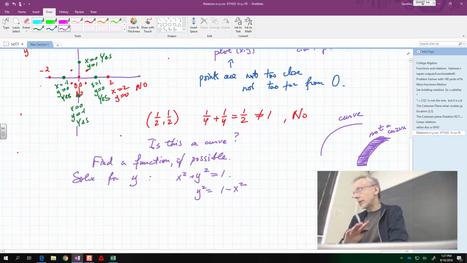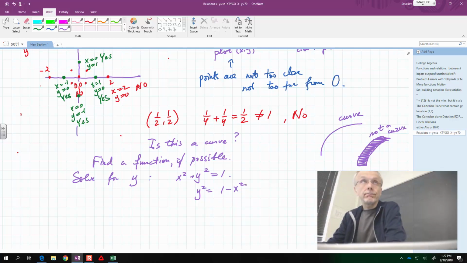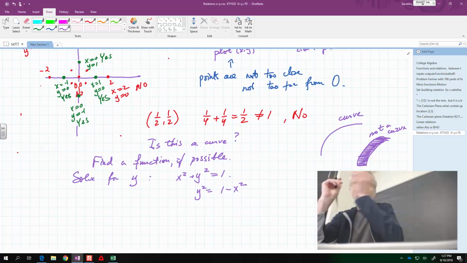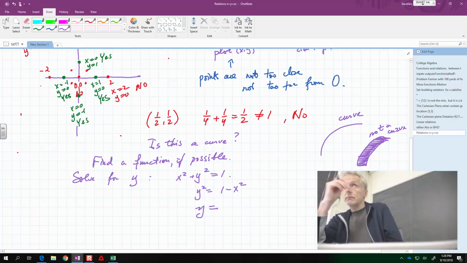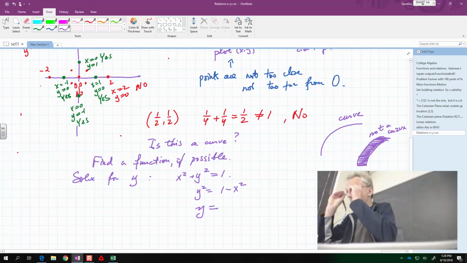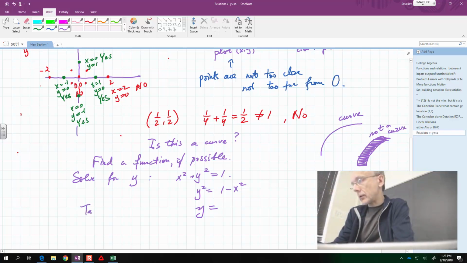All y's on the left, and nothing else is on the left, only y's. All the x's are on the right. And then the next step is I have to isolate y from the rest. What differentiates a function from a relation in general is that I want to have y equal to something. So let's take the square root of both sides.